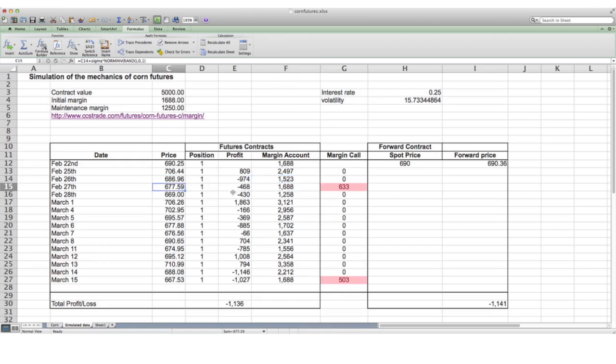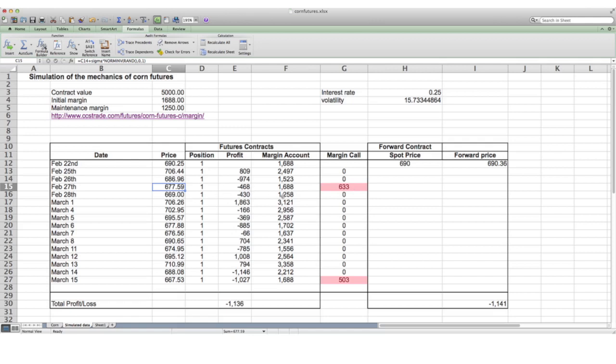Next day, it makes a further loss, and now it drops below the maintenance margin of 1250. So there's a margin call, and the investor is asked to make the margin account back to the initial margin. And the amount of money that they have to put in is $633.